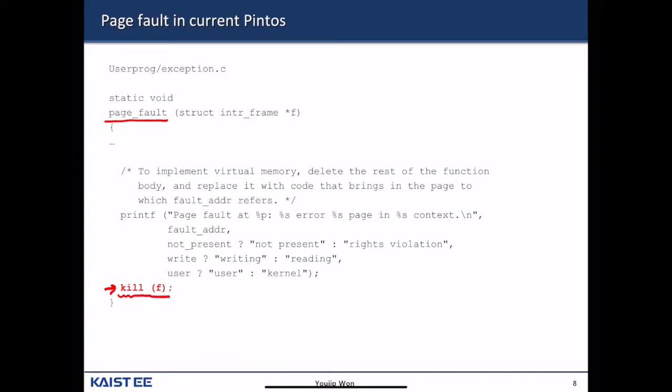But if you successfully implement project number 3, then when a page fault occurs, your page fault function will search the disk, allocate the page frame, and load the appropriate page from the disk to the just-allocated page frame. That's what you are required to do. And that is going to be very, very interesting. So you will enjoy it.